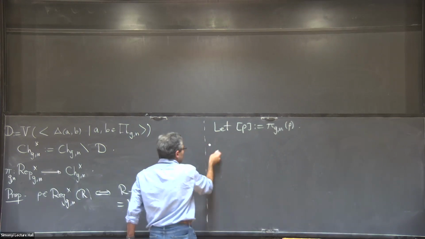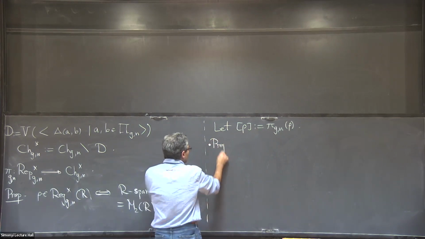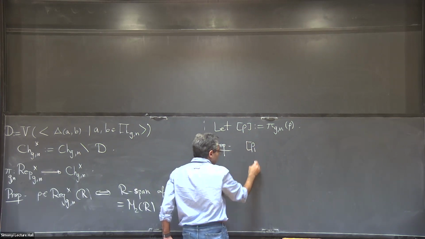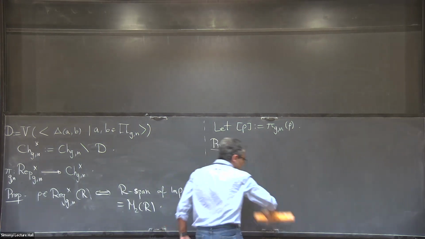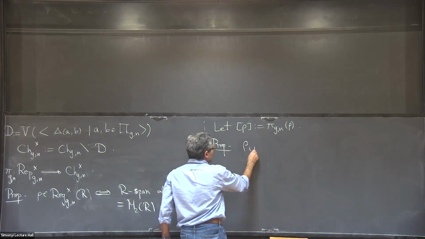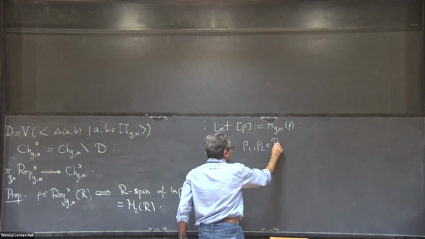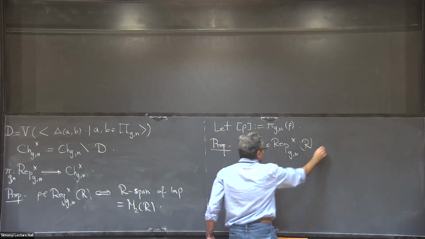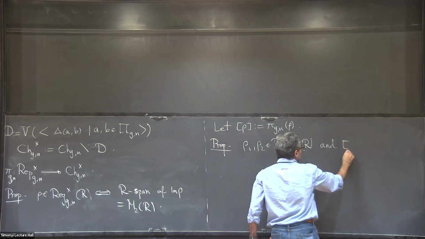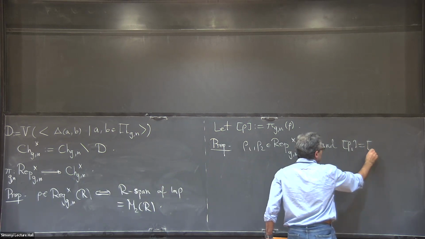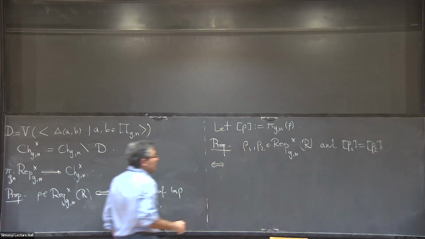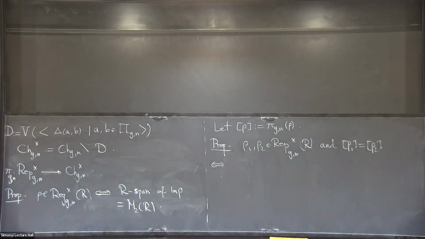Then the proposition says that if I tell you the brackets of two points in the absolutely irreducible part, rho 1 and rho 2, are the same, they go to the same point, then we would like to say that they are conjugate to each other.